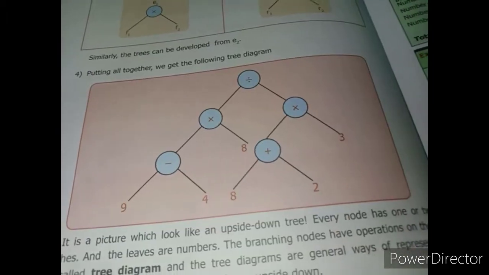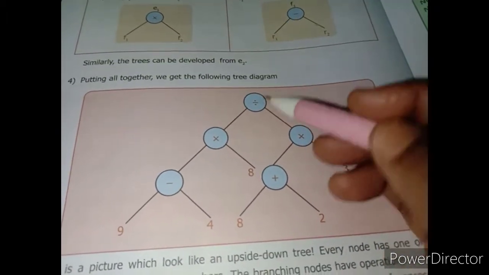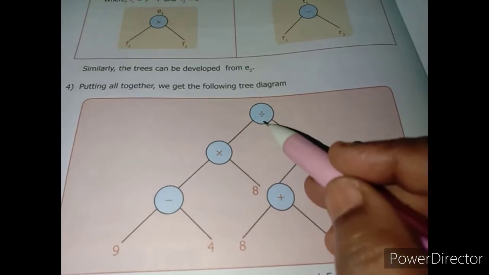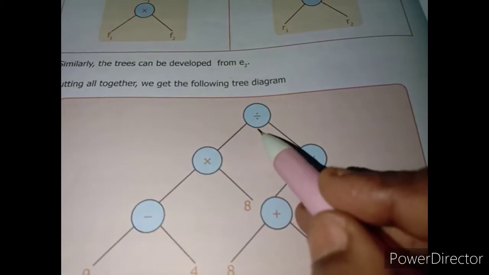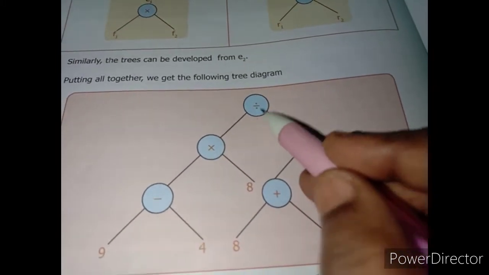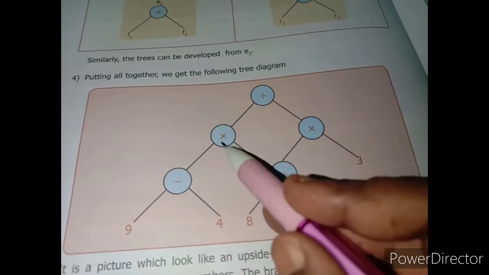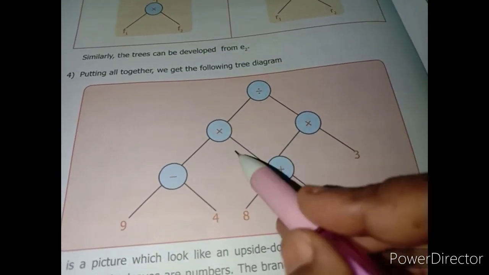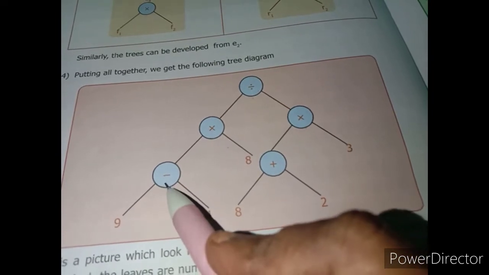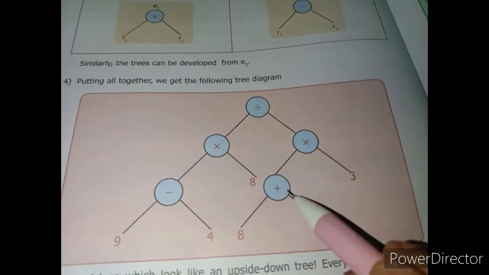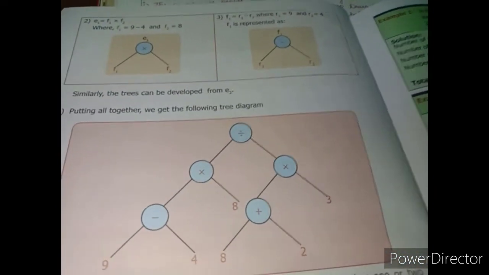See here, further they have divided this E1 and E2. So it is mainly divided by the main operation, divide. The second operation is multiplication for the second step, and the third operation is subtraction and addition. So this is going to be a very simple one.